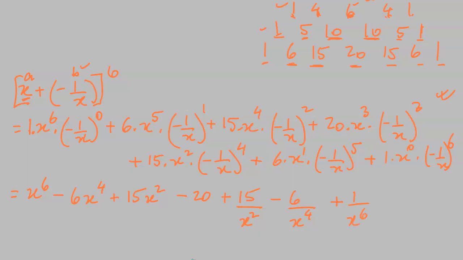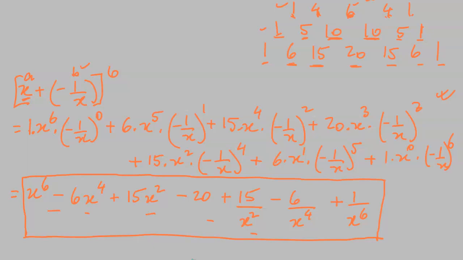Okay, so this is our answer. This is the binomial expansion of x minus 1 over x raised to the power of 6. Okay, we are having 1, 2, 3, 4, 5, 6, 7 terms. So let us move on to the next question.